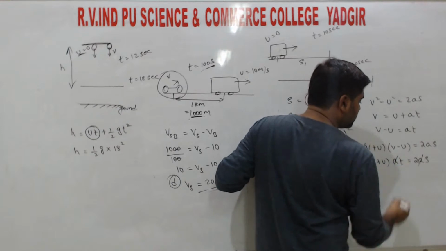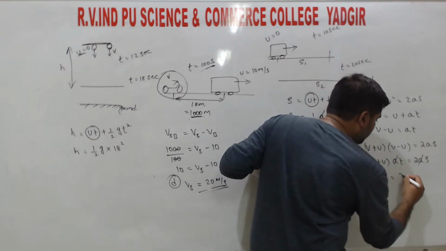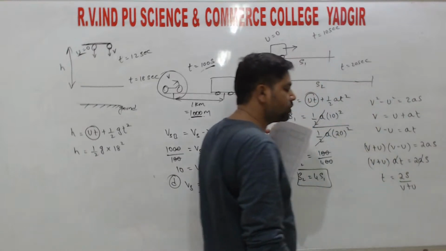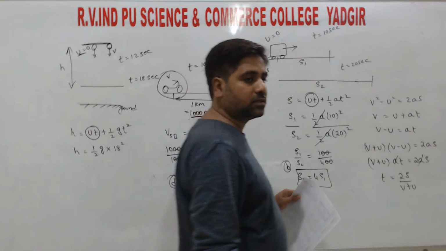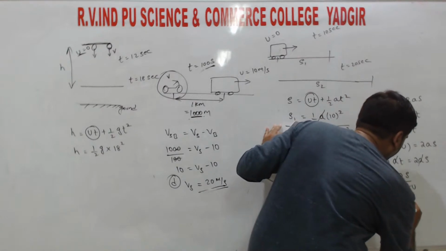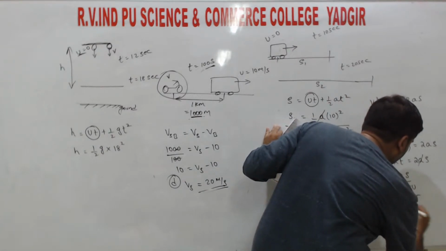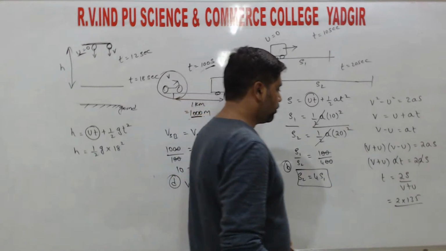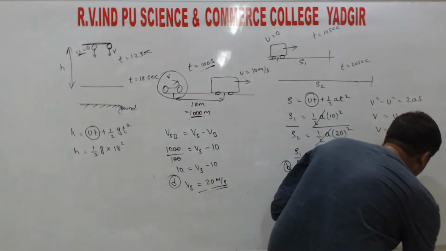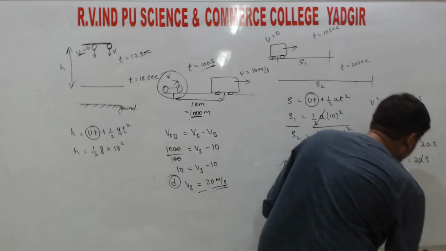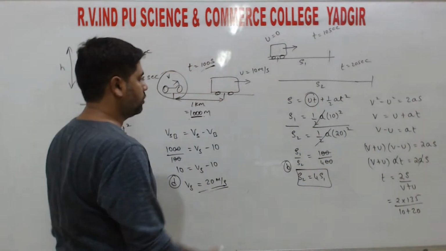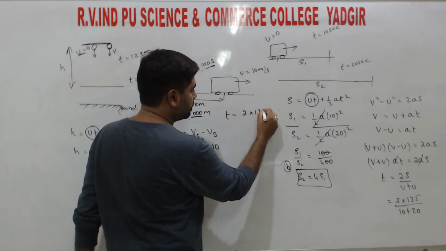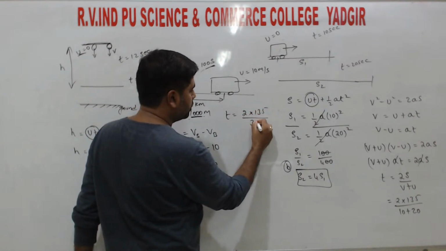So A gets cancelled. We need time T, that is equals to 2S divided by V plus U. So substitute and simplify, we get the answers, right? So 2 into distance is 135, and 10 plus 20, right? So T is equals to 2 into 135 by 30.